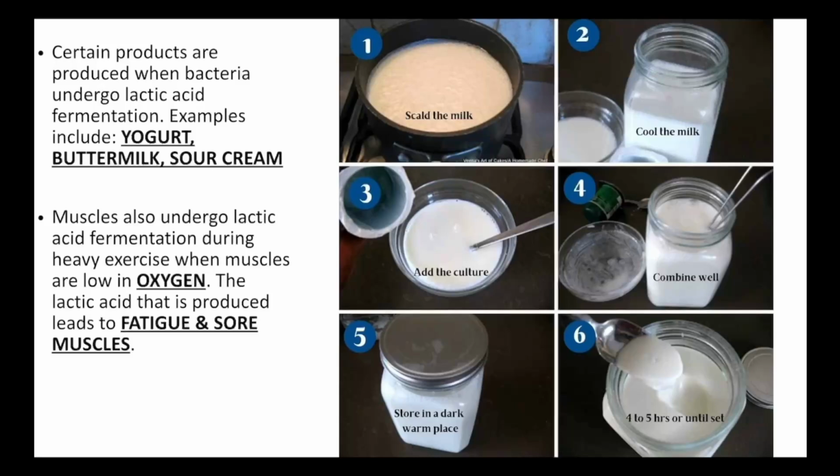Here's yogurt, which is an example of lactic acid fermentation, and just the process by which they make it. Basically, they get it really, really hot, kill everything. Then they cool it down, and they mix in some bacteria that will do lactic acid fermentation. So then they get it at the right temperature.